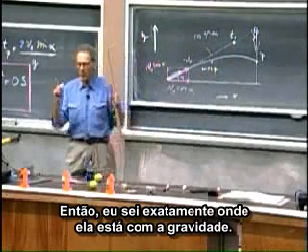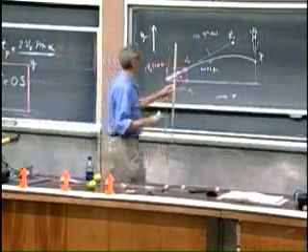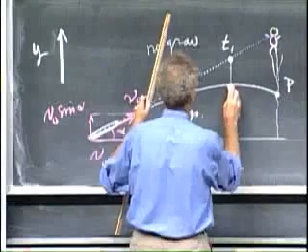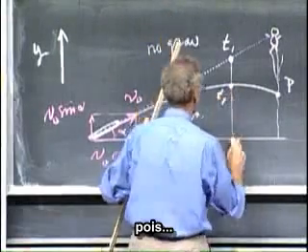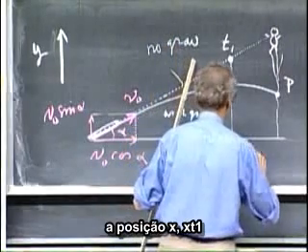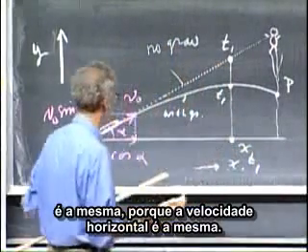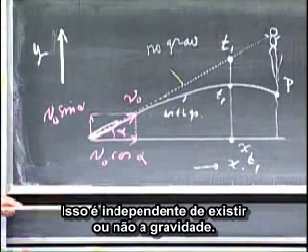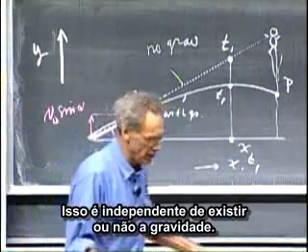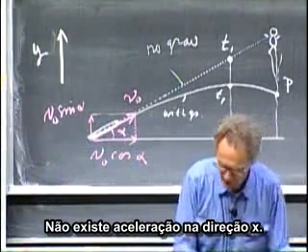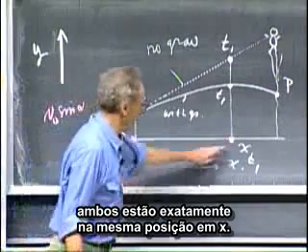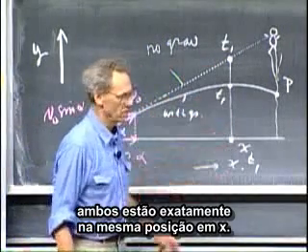Then I know exactly where it is with gravity. It must be exactly here, because the x position, x(t1), is the same because the horizontal velocity is the same. That's independent of whether there is gravity or not. There is no acceleration in the x direction.